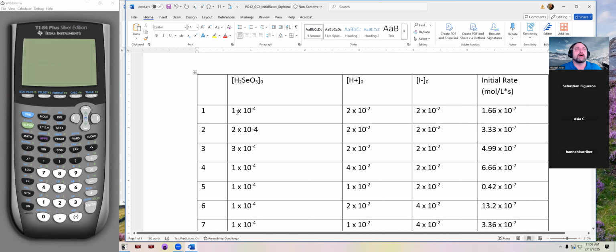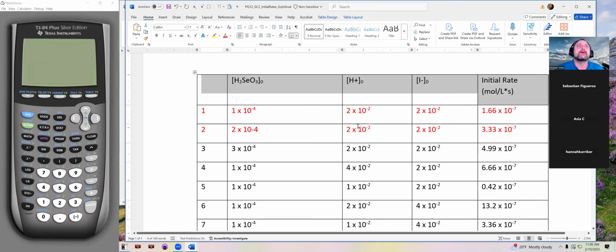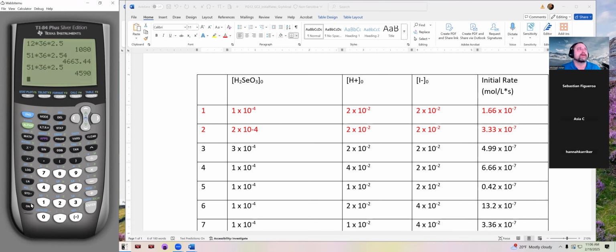All right. In the first one, I can see that these are double the concentration of my selenium, but they're not changing between the two reactions. So for this first reaction, I'm going to look at 1 and 2. I'm going to take the value for 2 and fill in our calculator.